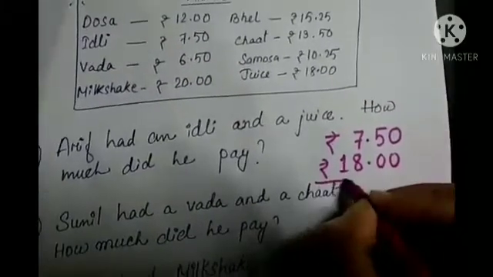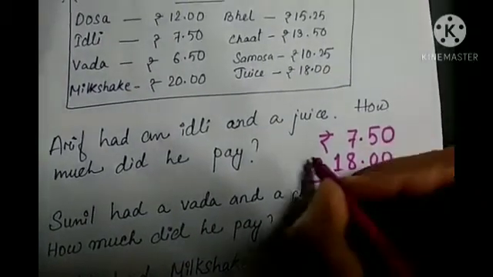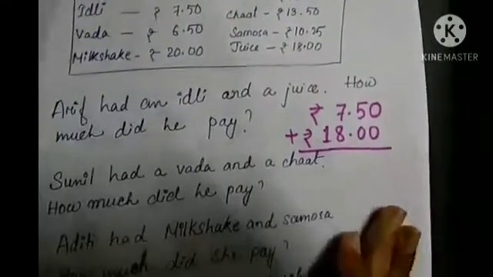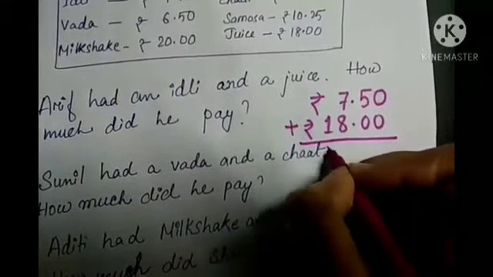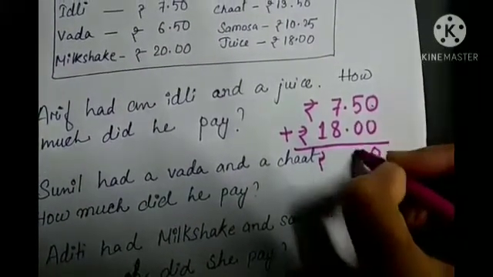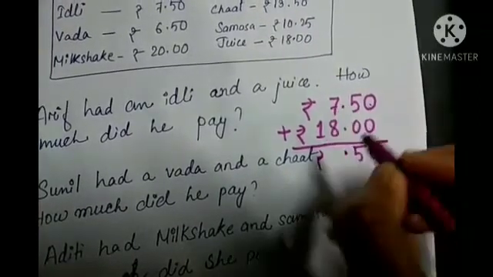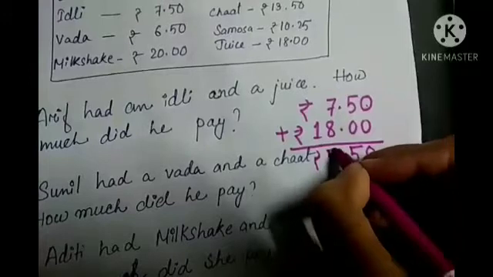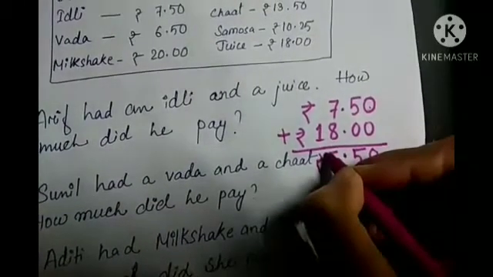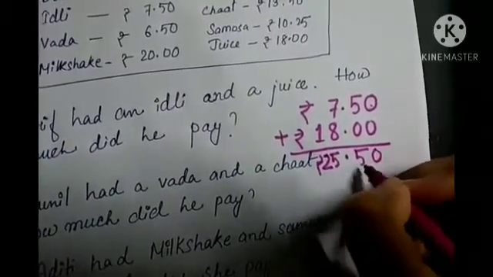These are the two items he had, so obviously we have to add to get the total money. 0 plus 0 is 0, 5 plus 0 is 5, and the point stays as the point. 8 plus 7 is 15, and with the carry 1 it will be 2. So you see, rupees 25.50.